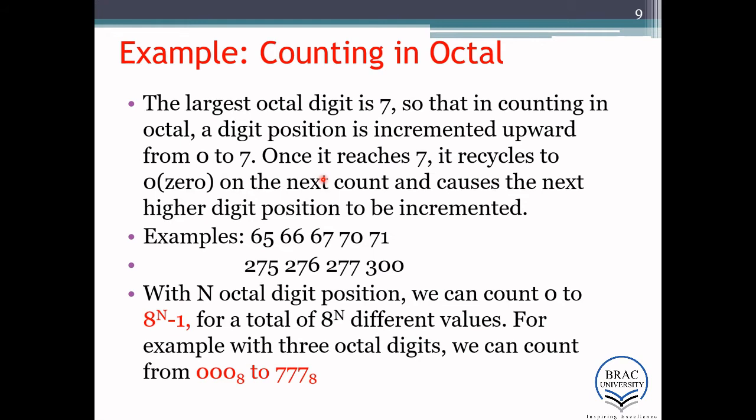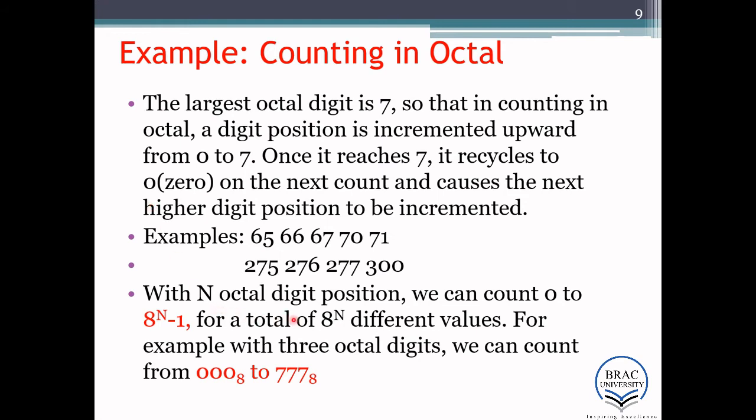Once it reaches 7, it recycles to 0 on the next count and causes the next higher digit position to be incremented. So the highest digit in octal is 7. If it reaches 7, then it goes to 0 again, and it goes again 0 1 2 3 4 5 6 7, again 0, something like that, right?